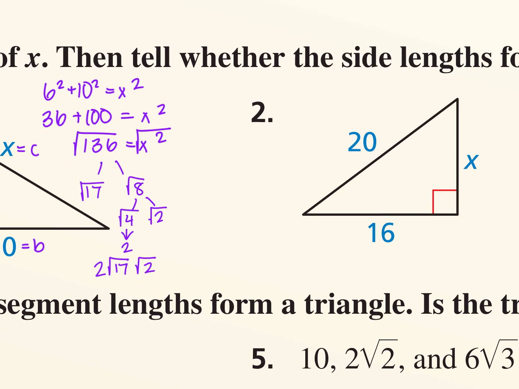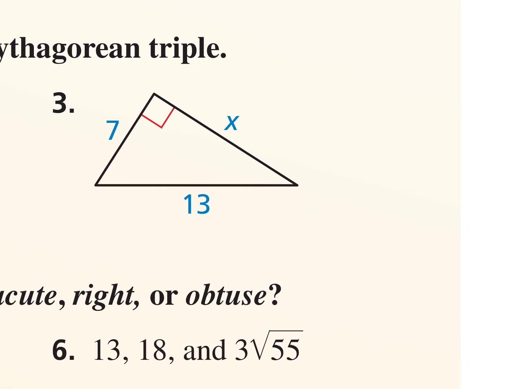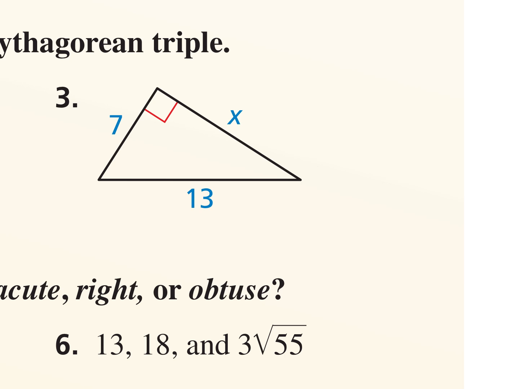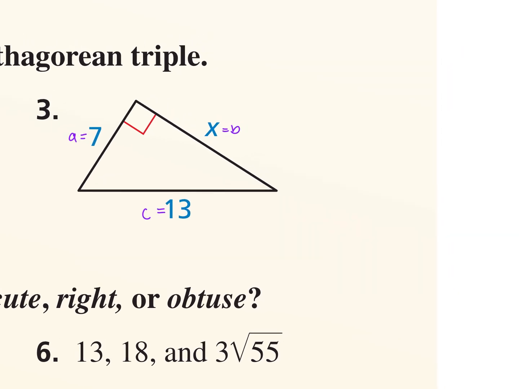All right, going to number 3. Same thing. First thing I have to do is identify my hypotenuse. And looking at this one, my hypotenuse is 13. It's opposite of my right angle. So I'm going to have a and b over here, again following the rule for the Pythagorean theorem.